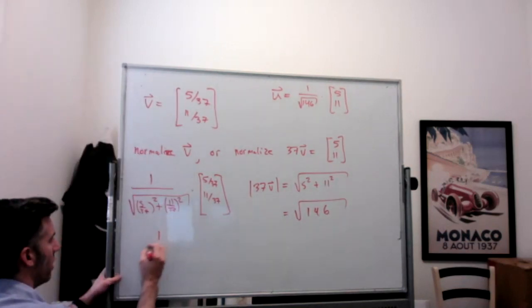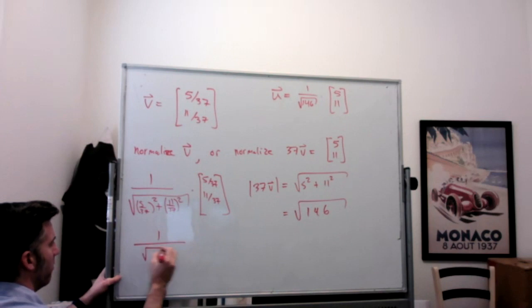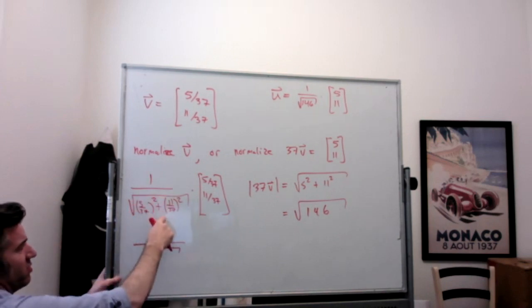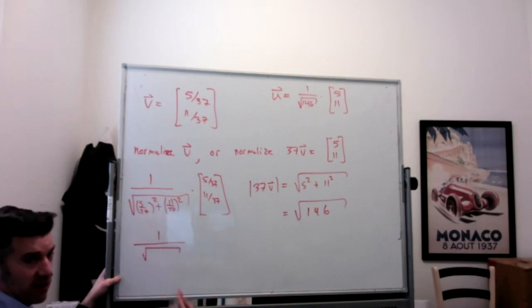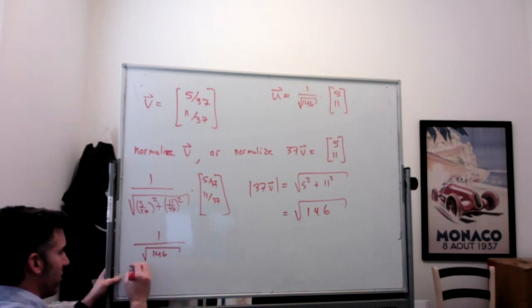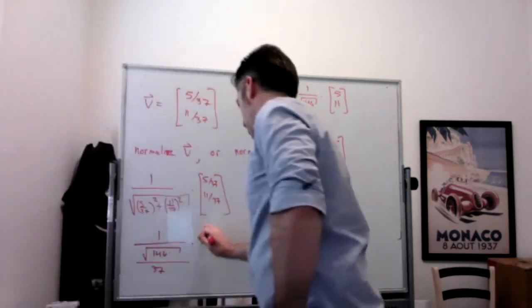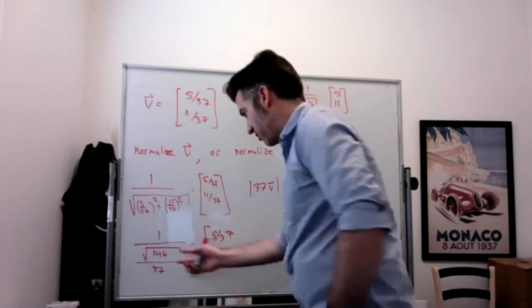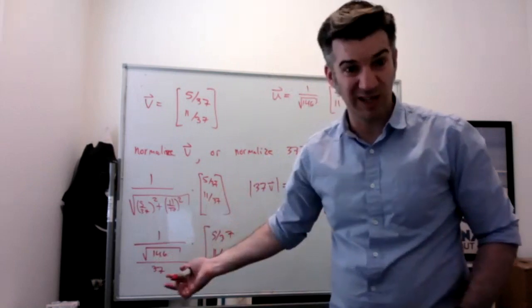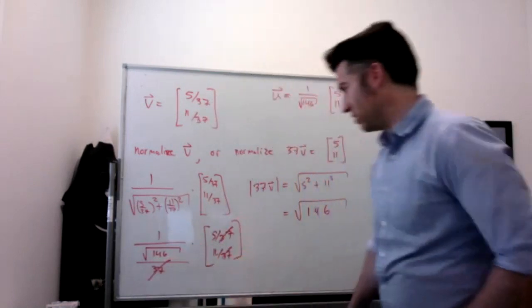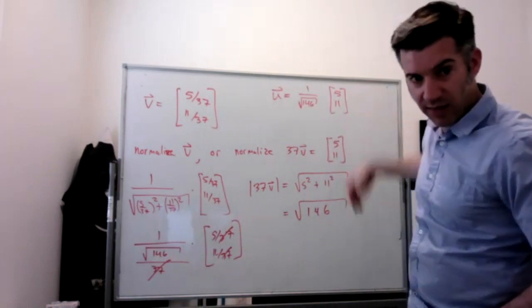You get 1 over the square root of 5 squared over 37 squared plus 11 squared over 37 squared, which becomes 5 squared plus 11 squared, which is 146, over 37 squared. And the square root of 37 squared is 37. And then you get 5 37s and 11 37s. And look, if you flip and multiply, the 37s are going to cancel out. And you get exactly nothing there.